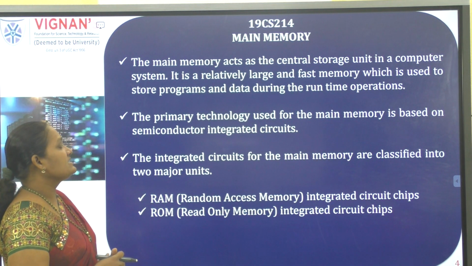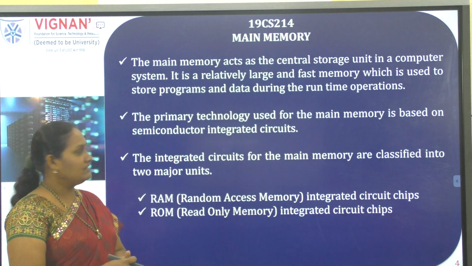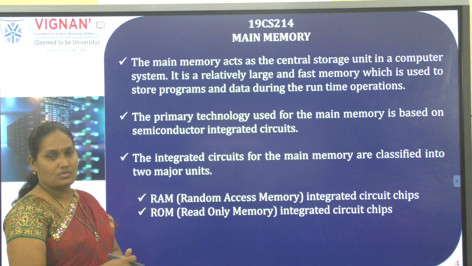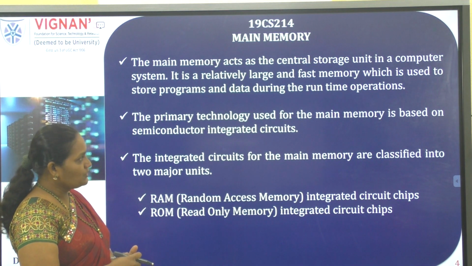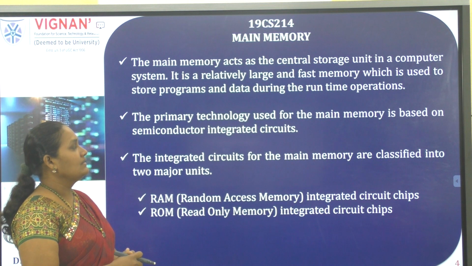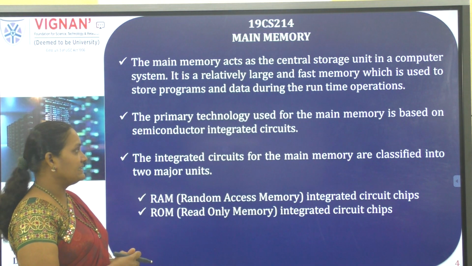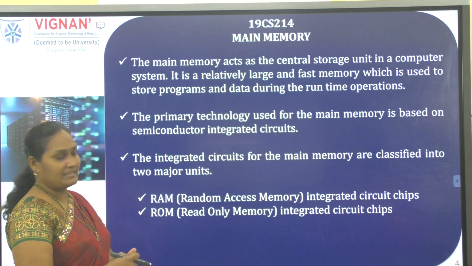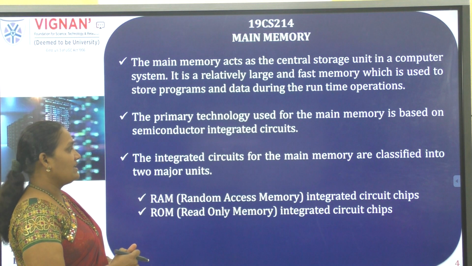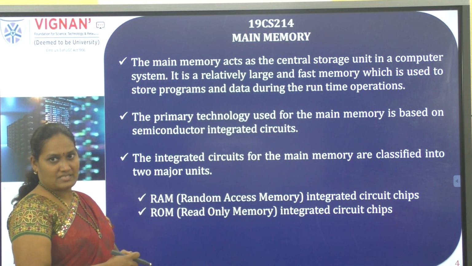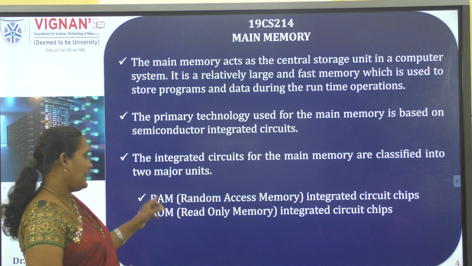The primary technology used for the main memory is based on semiconductor integrated circuits. So the main technology used in designing the main memory unit is semiconductor memory devices and semiconductor integrated circuits. The integrated circuits of the main memory are classified into two major units. What are those two major units? The first unit is RAM.